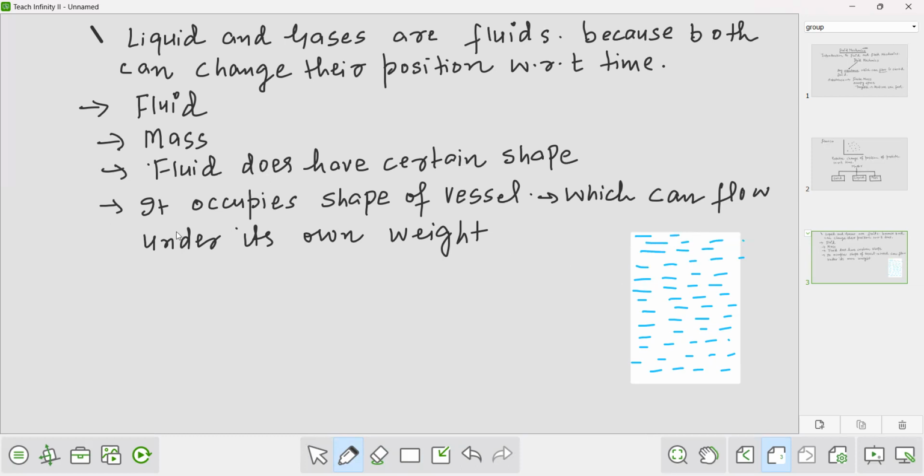This is what it explains, that it occupies the shape of the vessel and can flow under its own weight. If you tilt this glass, the liquid will flow out from the glass.